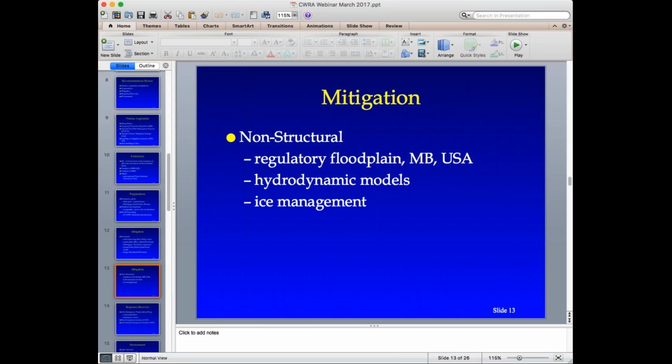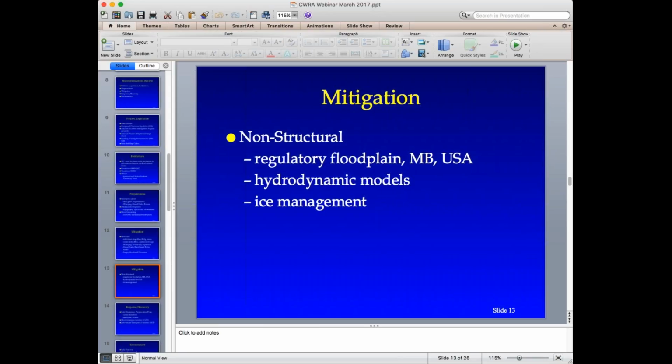Following the 1997 flood, something like 1,700 structures were raised in the Manitoba floodplain, raised, moved, or diked, and there were similar projects in the United States.